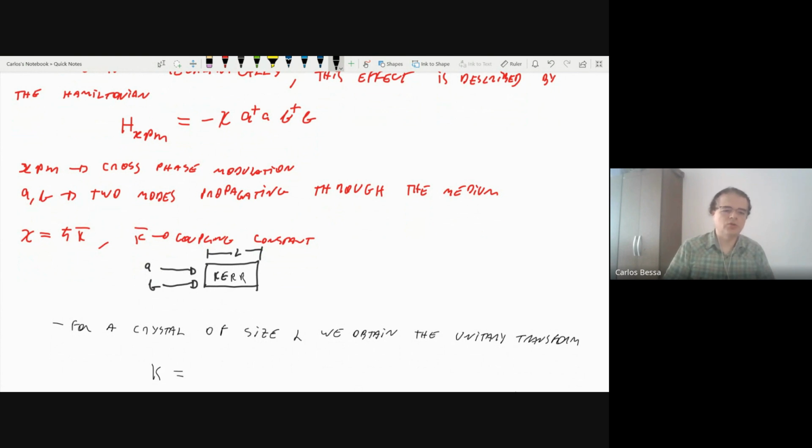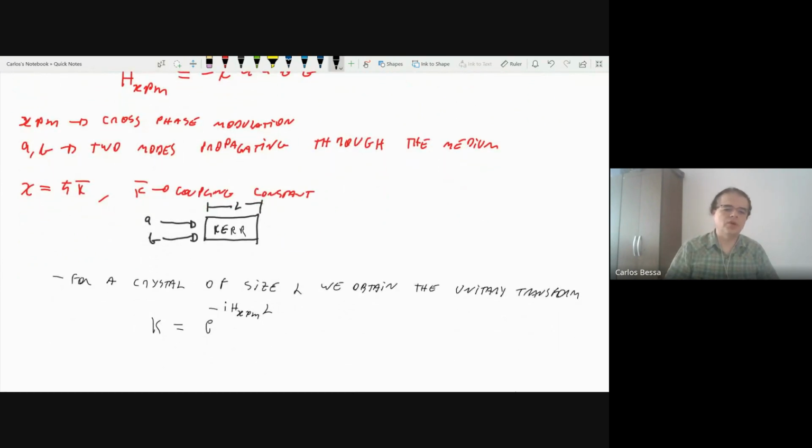That's my operator. This chi here is just a constant. So K is exponential of minus i times chi, the cross-phase modulation, times L. L is the size of the nonlinear medium.